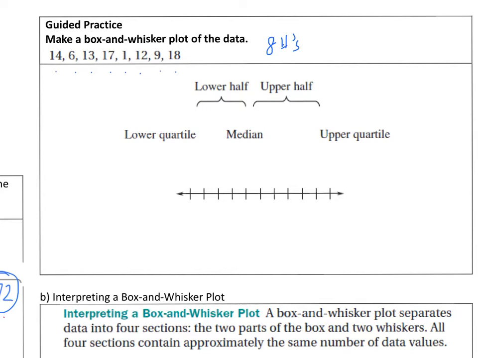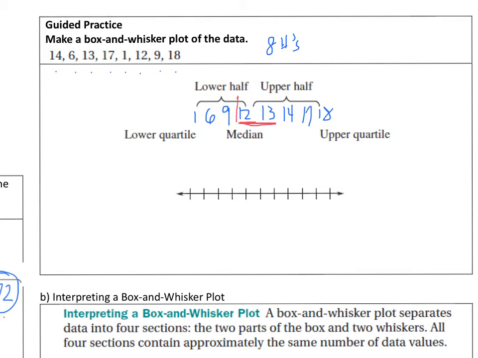So the lowest number, the lower extreme, is 1, and then we have 6, 9, 12, 13, 14, 17, and then 18.